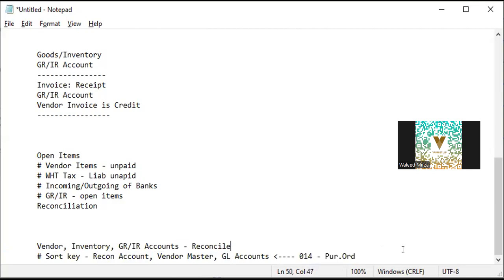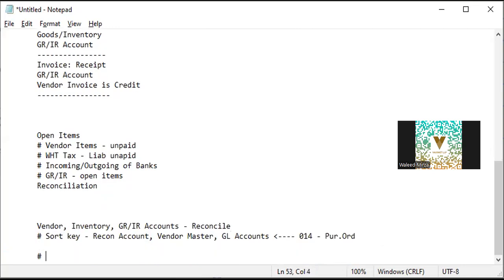So once the cash is paid, the invoice is cleared, we have to clear vendor, GRIR, and payment. Three-way reconciliation through the sort key.